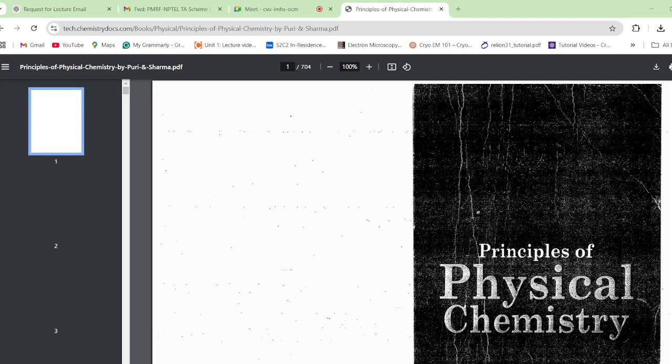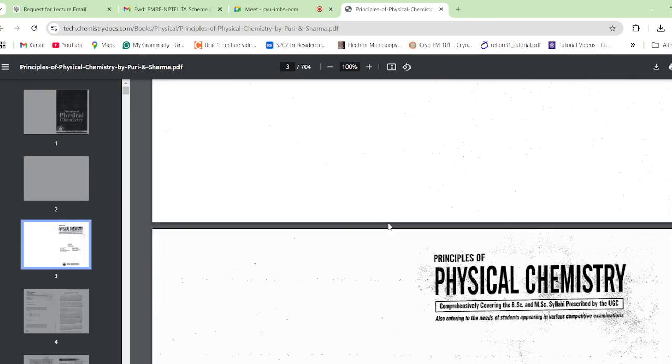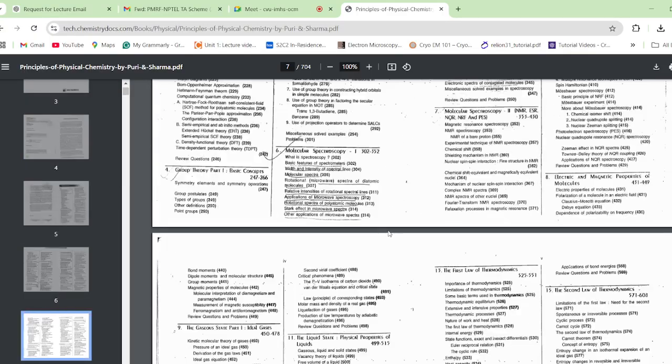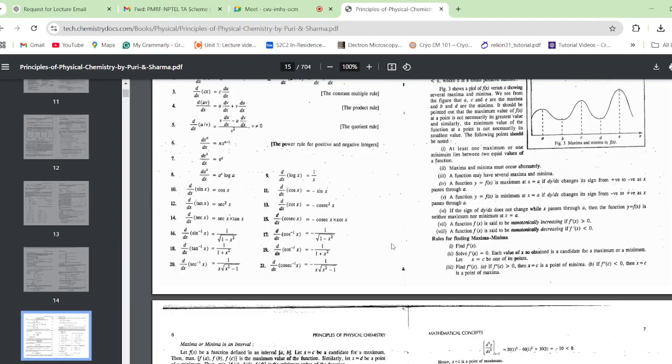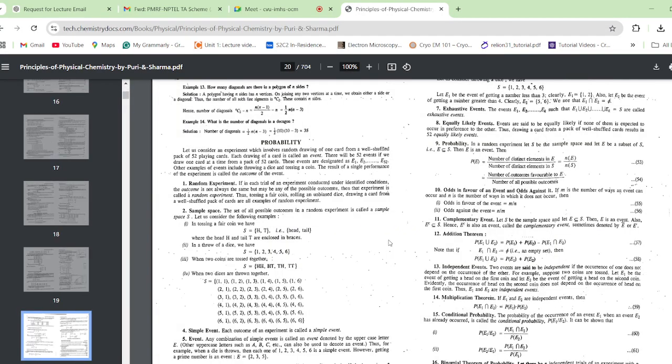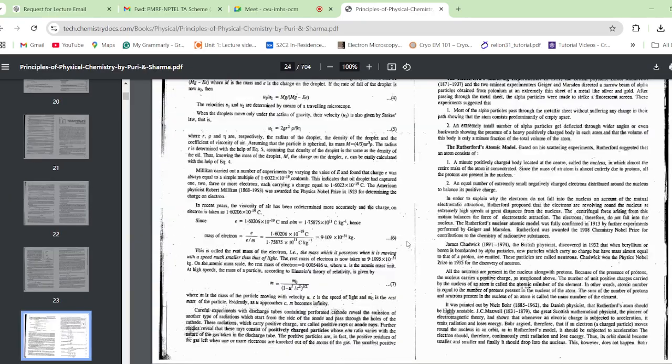Yeah, this is the PDF. Hello, Santosh. This is a very good book to understand for CSIR NET GATE.